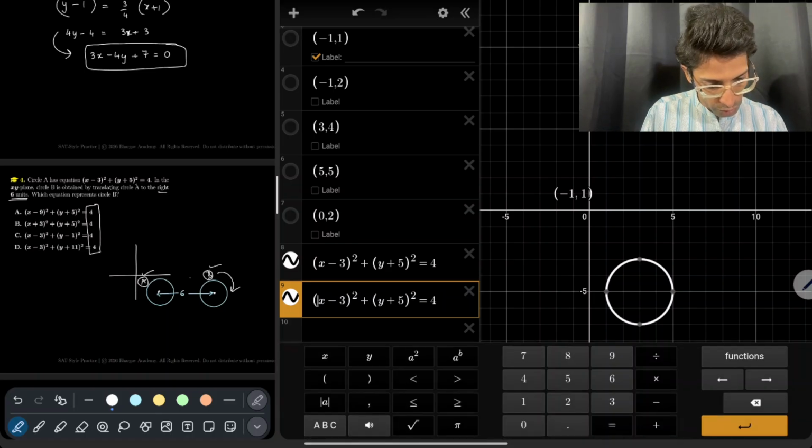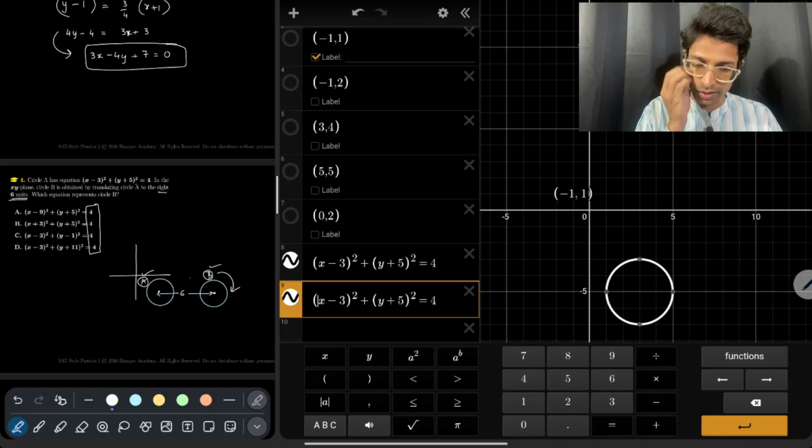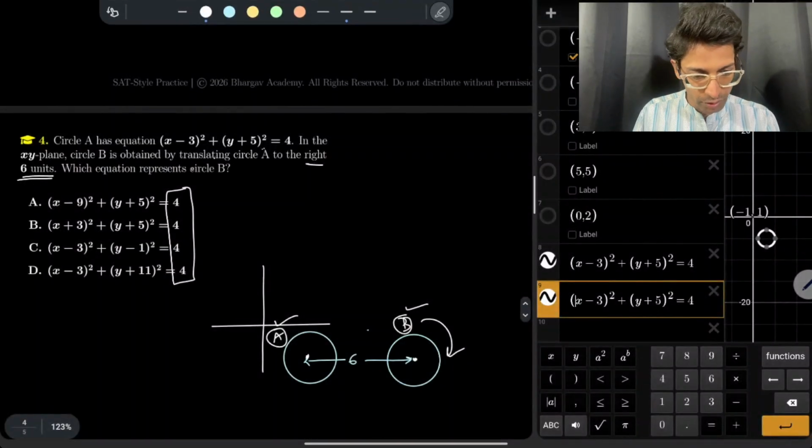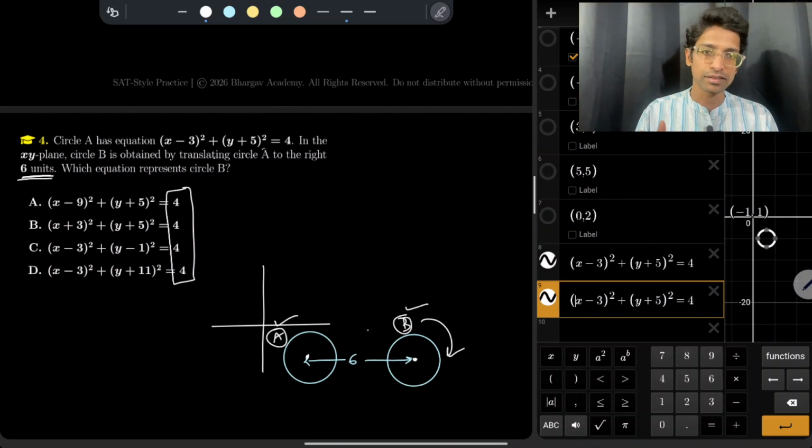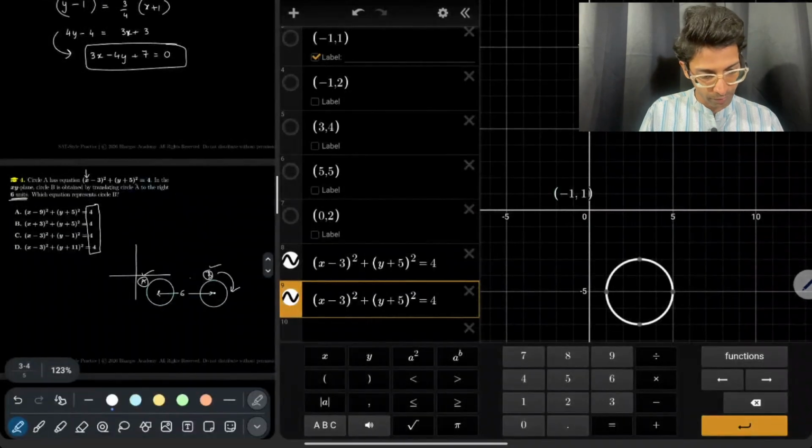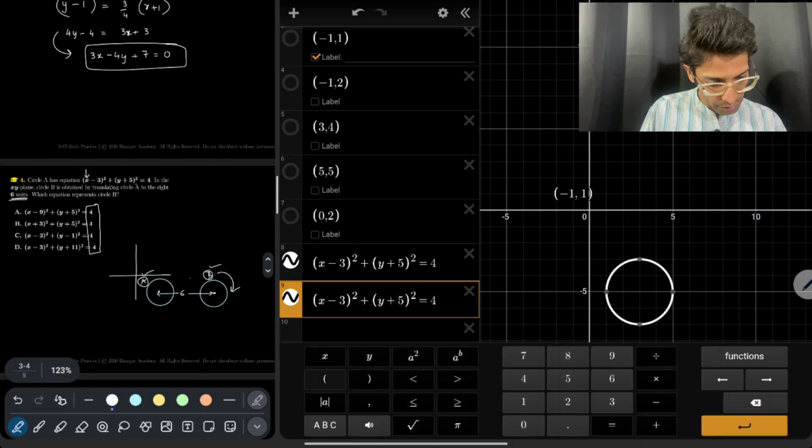And then, please pay attention here, the question is telling you it is shifted to the right. So what is shifted? The x coordinate. So this guy is shifted right by 6 units. How are you going to translate that in Desmos? Now give a little bit of respect to x, because something is happening there.